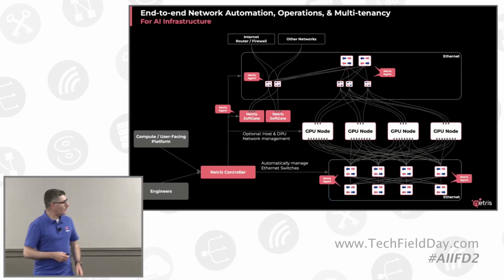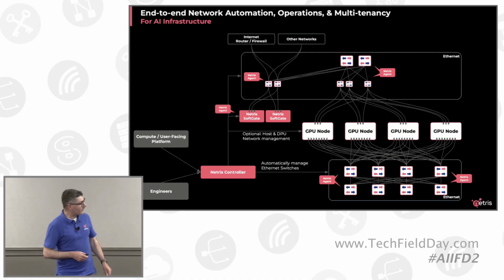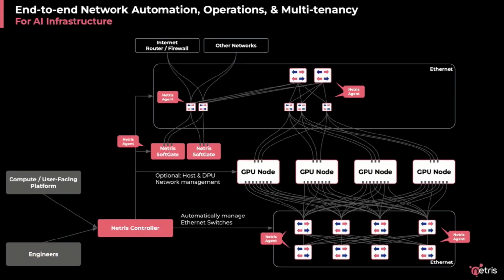Now, just an example of what typical network looks like, and kind of to walk you through the process from going from like day 0 to like having running cluster. Typical AI cluster has 2 networks, front-end and back-end network.